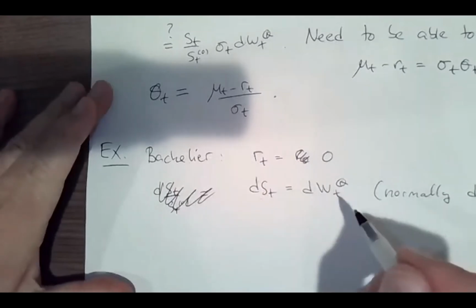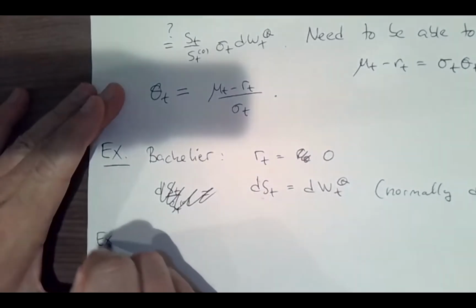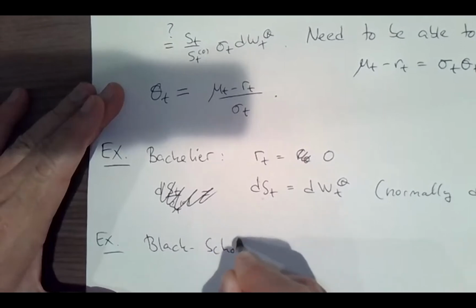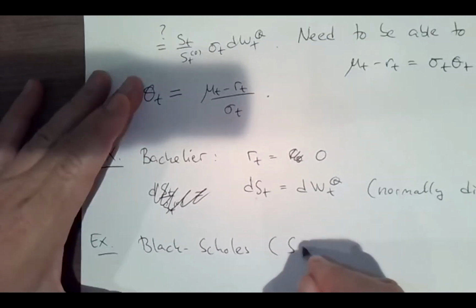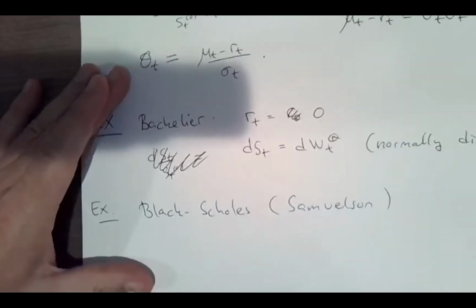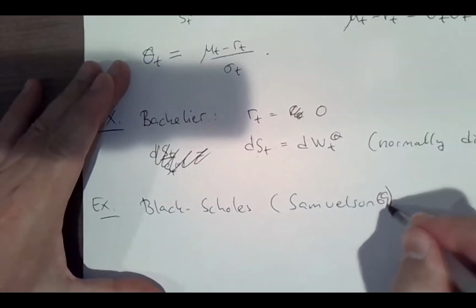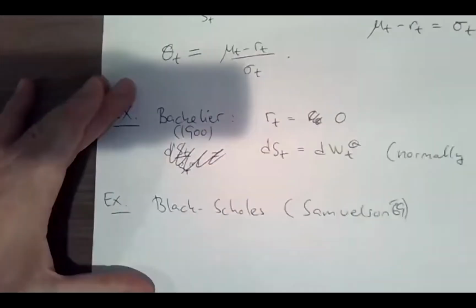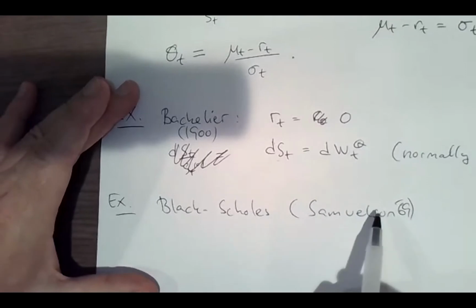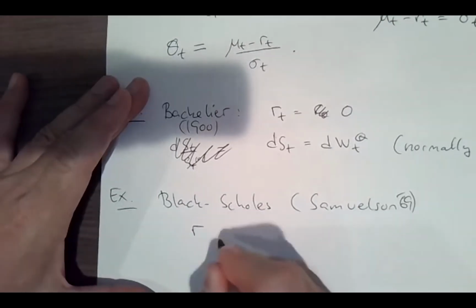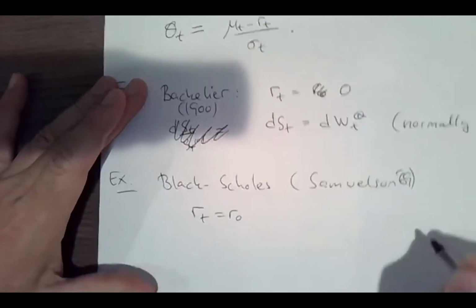The famous one is Black-Scholes, and this is actually originally due to Samuelson in '69. Bachelet was in 1900, so you see there's a big gap here. Black-Scholes says RT is a constant.